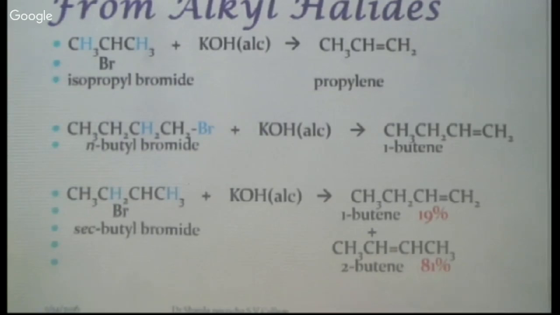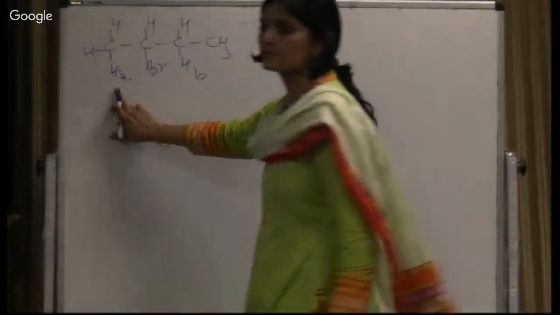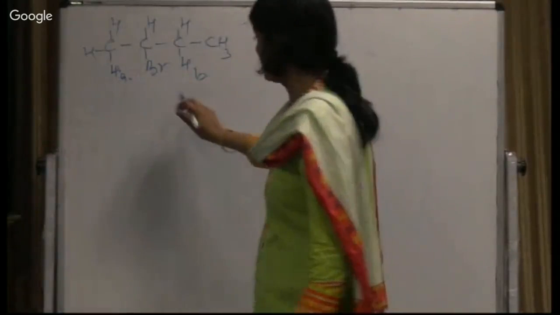So when the dehydrohalogenation reaction takes place in this compound, that is secondary butyl bromide that I have taken here, let us mark this hydrogen as A and mark this hydrogen as B. When A is being lost, the product obtained will be 1 butene, right?